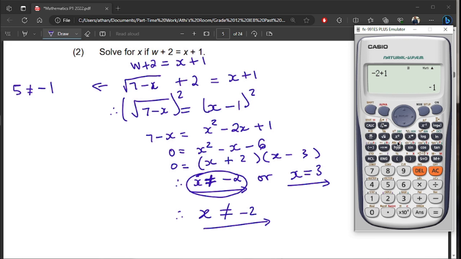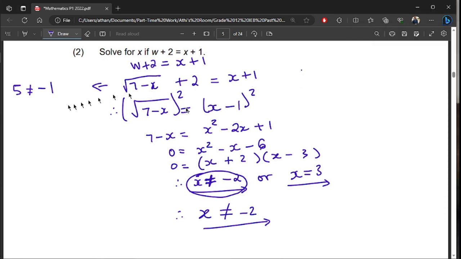To use positive 3, substituting it in 7 minus x, so when we used 3, we got 4, and then on the right hand side, we're gonna put 3 in the place of x plus 1, that is also 4. So check, that means the value of x there is equal to 3.